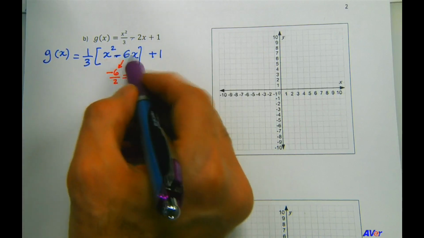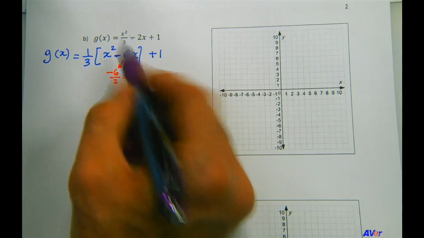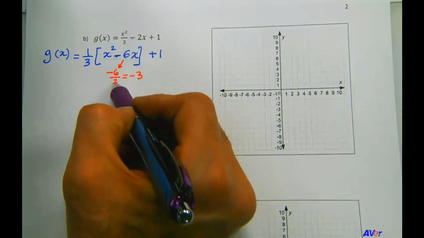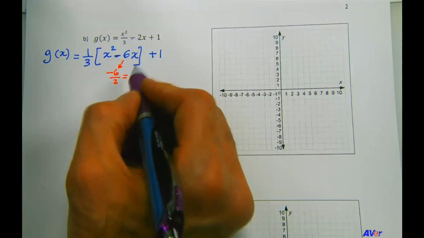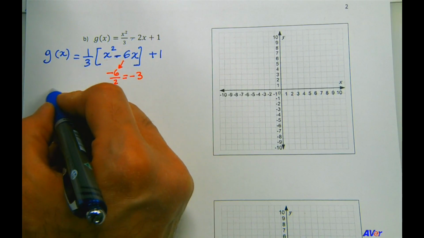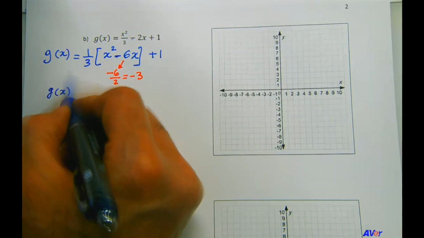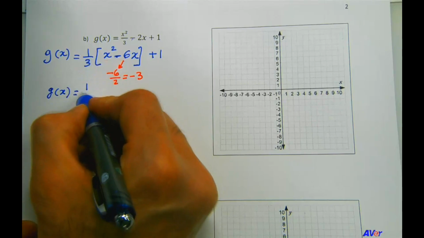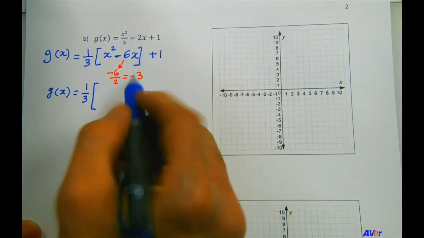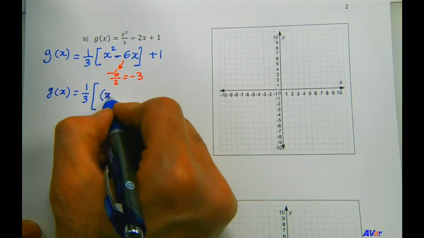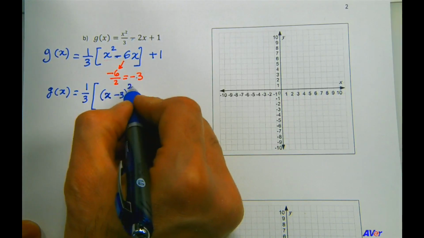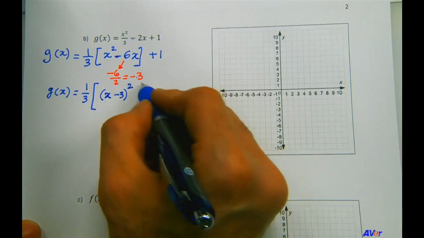We always divide the coefficient of the x term by 2 when we apply the completing the square method. Whatever we end up with becomes part of the completing the square. So then we have g of x is equal to 1/3, right? I have to be careful here, open bracket, and then I put x minus 3 squared, and then close bracket.